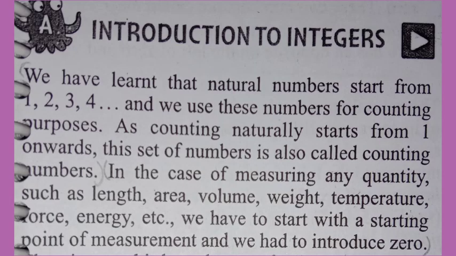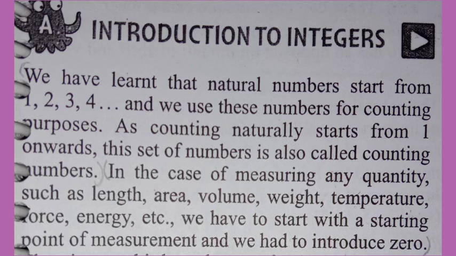Introduction to integers. We have learned that natural numbers start from 1, 2, 3, 4 and so on, and we use these numbers for counting purposes. As counting naturally starts from 1 onwards, this set of numbers is also called counting numbers.